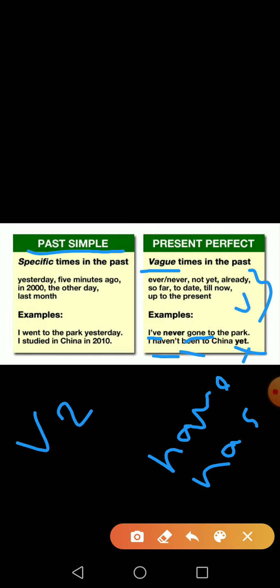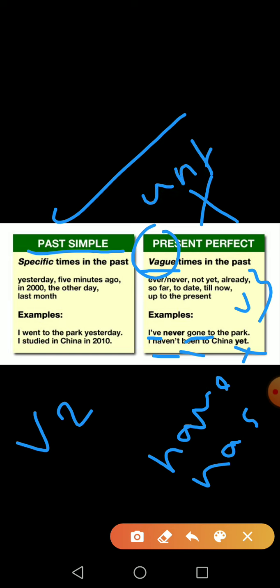So in which one of them do we say the time? Past simple. But in present perfect, we don't say the time. The time is vague. The time is unknown.